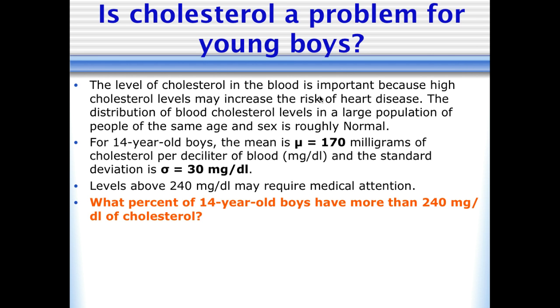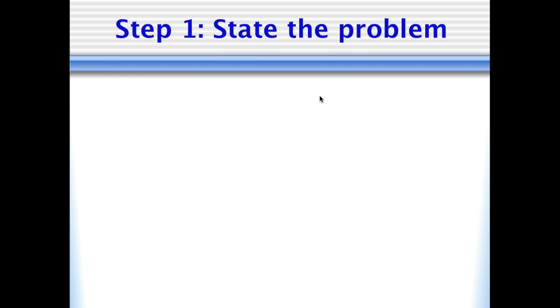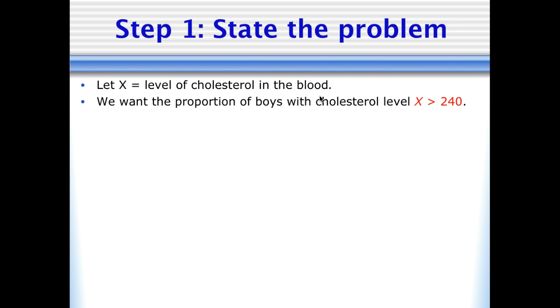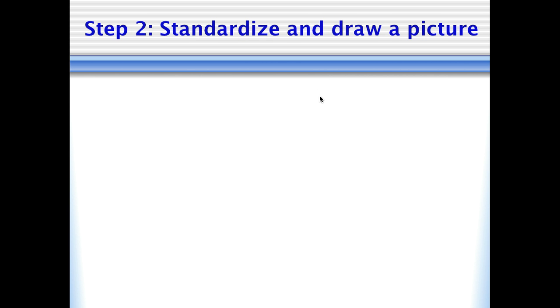So I'm going to start by identifying what I'm measuring in terms of x, the level of cholesterol in the blood. And I want to know what proportion have values greater than 240. The only other thing I need to identify before I draw my distribution is its shape, center, and spread. It's normal with a mean of 170 and a standard deviation of 30.